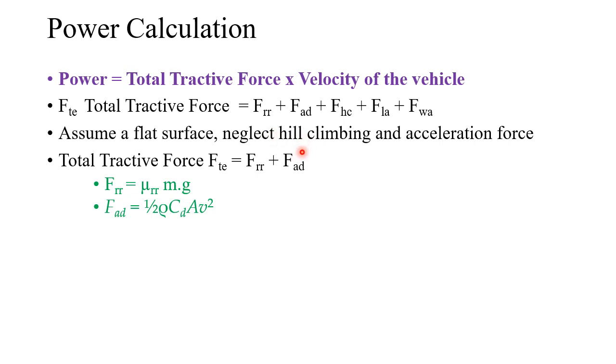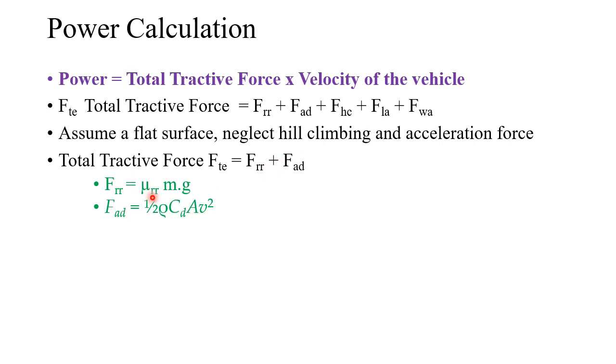If you are not going to climb a hill, then again the hill climbing force will be 0, and neglecting the acceleration force, which is of course very small. If you put acceleration force equal to 0, then linear acceleration and angular acceleration force will be 0. So FTE, total tractive force, can be calculated as the sum of rolling resistance force plus aerodynamic drag force.